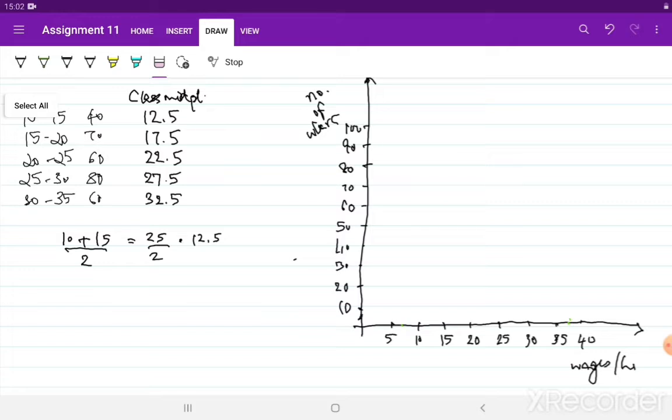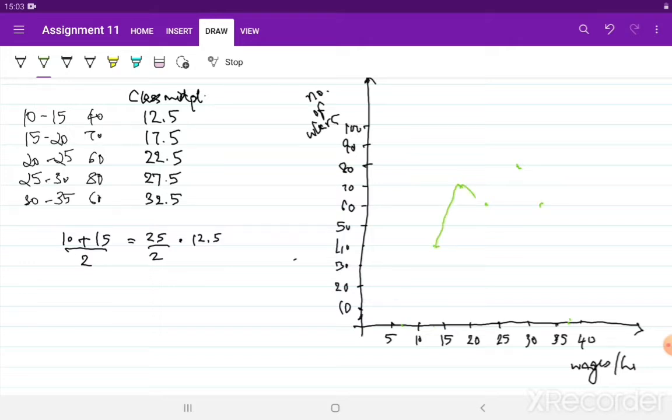Once again, I'm sticking to the green. 12.5 would be around here. 12.5, 40. 17.5 and 70. 22.5 and 60. Sorry, 22.5 will be in between 20 and 25. The next is 27.5, which is 80, and 32.5, once again 60.